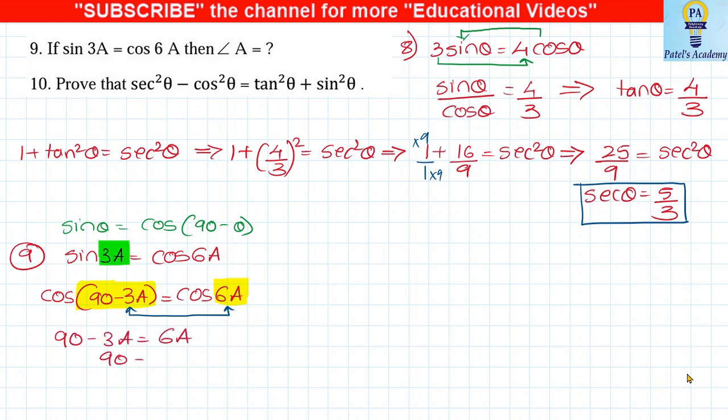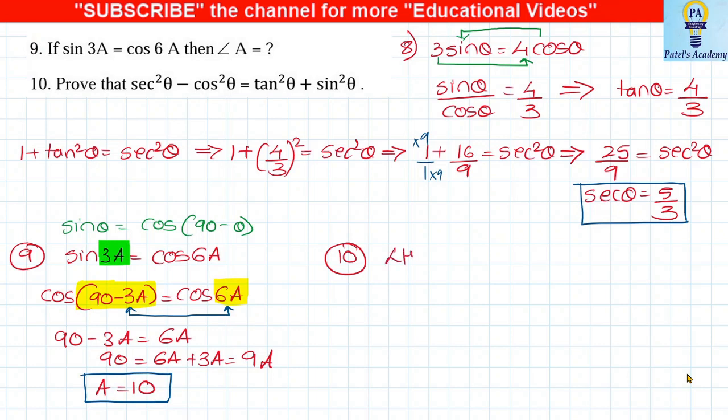So I'll get 90 equals 6a plus 3a, which is 9a, and after I shift and divide, I get the value of a is 10. Simple sum. Let's see the 10th one. We have to prove it. Let me start with LHS.